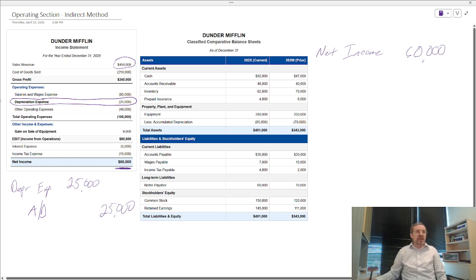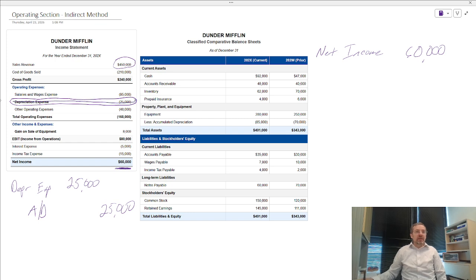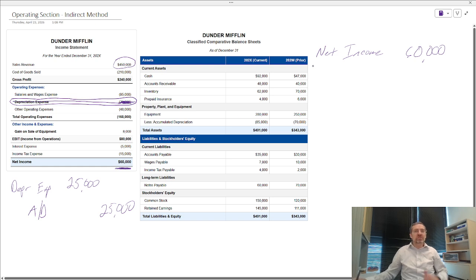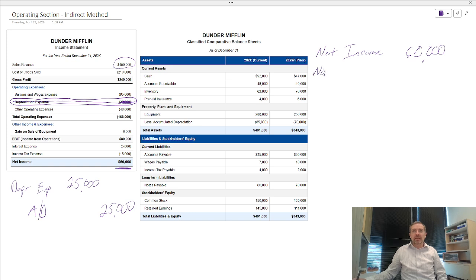Let's cross that out on our income statement. And if this $25,000 expense doesn't exist, what happens to our net income then? It goes up. So the first thing that we do is we adjust for non-cash items.